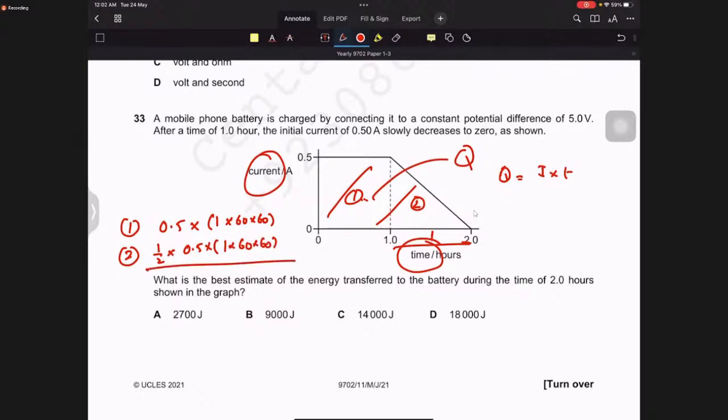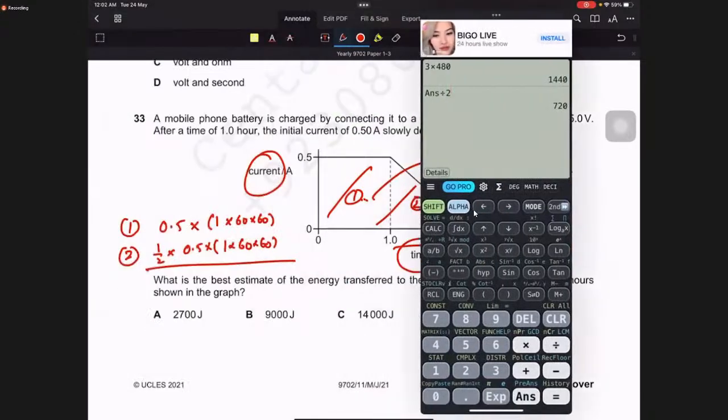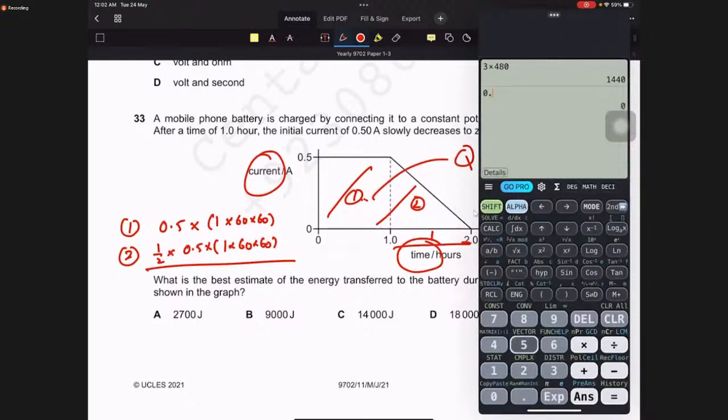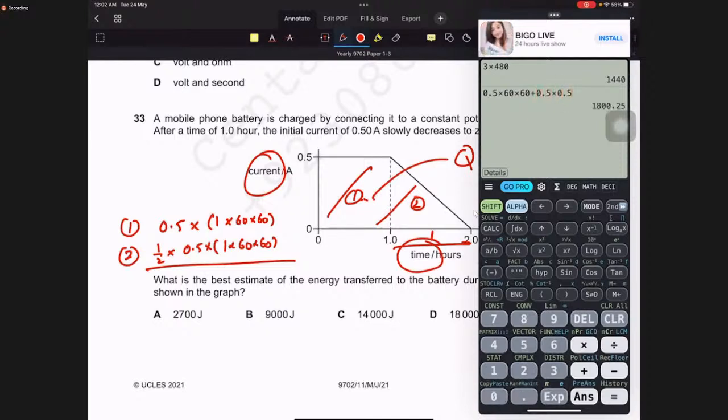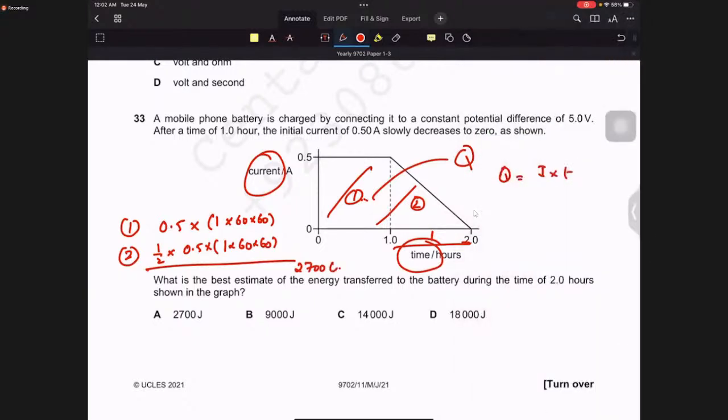So add it all up: 0.5 times 60 times 60 plus 0.5 times 0.5 times 60 times 60. So that's 2700 coulombs. Okay, now we want to find the energy.